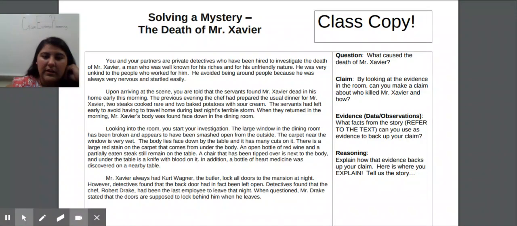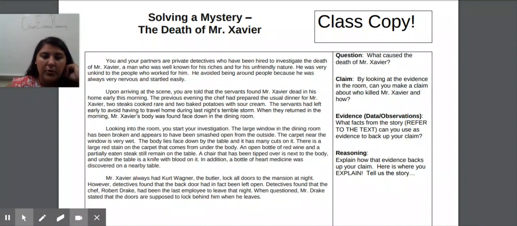The previous evening, the chef had prepared the usual dinner for Mr. Xavier: 2 steaks cooked rare and 2 baked potatoes with sour cream. The servants had left early to avoid having to travel home during last night's terrible storm. When they returned in the morning, Mr. Xavier's body was found face down in the dining room. Looking into the room, you start your investigation. The large window in the dining room has been broken and appears to have been smashed open from the outside.